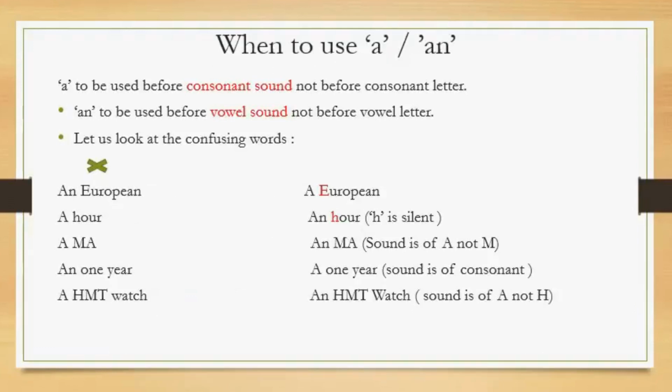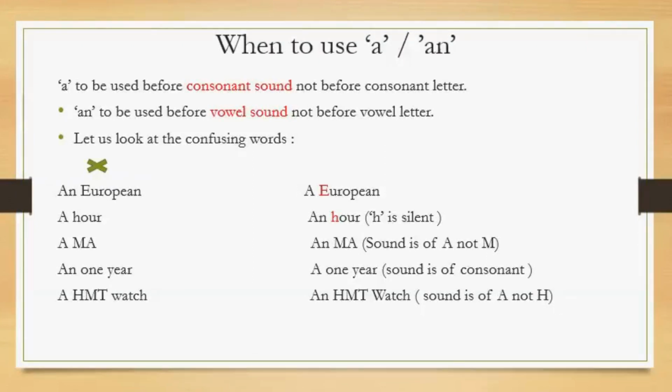When to use a or an? A is to be used before a consonant sound, not before a consonant letter. This is the most underestimated rule by the students. They don't pay attention to this.